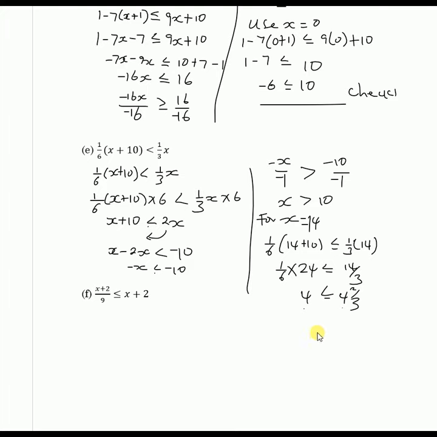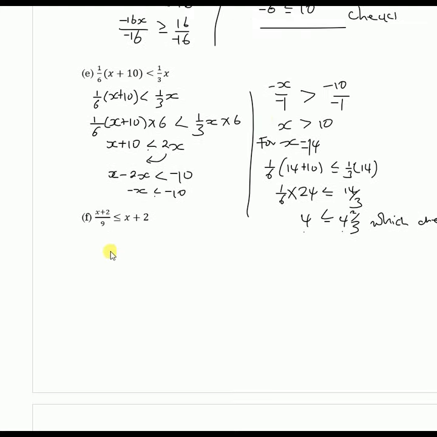That means that this side is less than that side. So this one checks. 4 is less than 4.6666, which is what you get when you get 14 over 3. So it means that the solution we have got here is fine. It is checking.